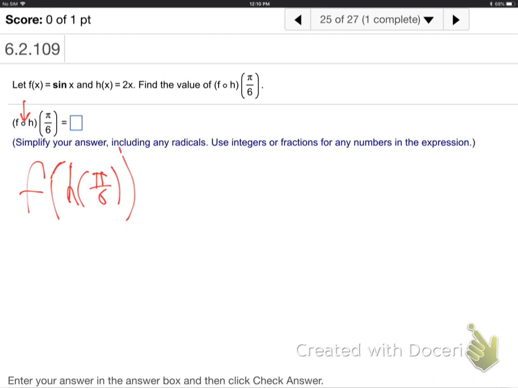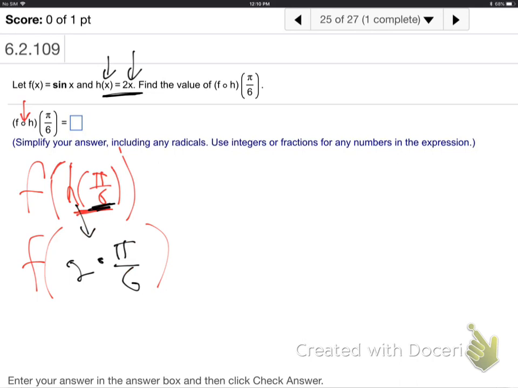So you start with the inside. We've got to figure out what h of pi over 6 is, and we'll leave the f for a minute. Here's the h function. The h function says anything you give me, I'm going to multiply it by 2. So you give me pi over 6, I'm going to do 2 times pi over 6.